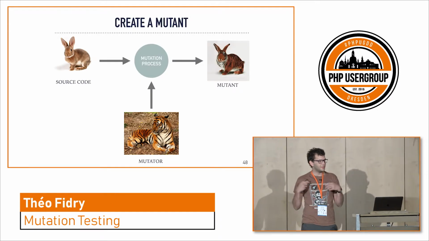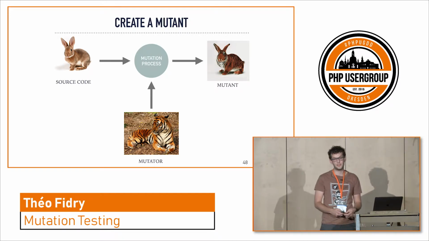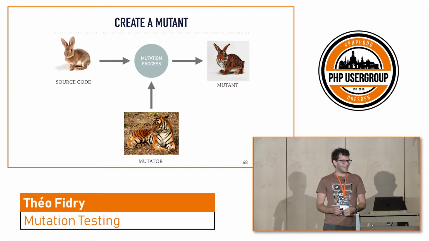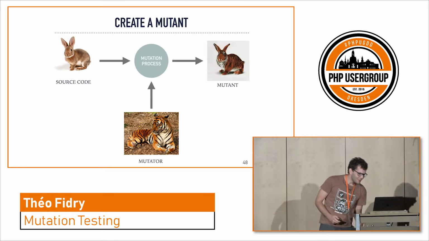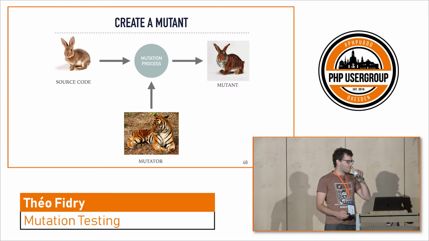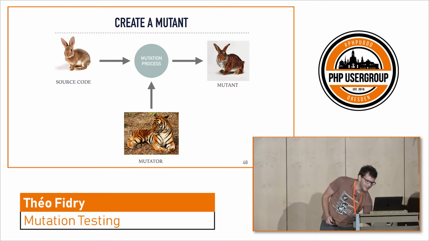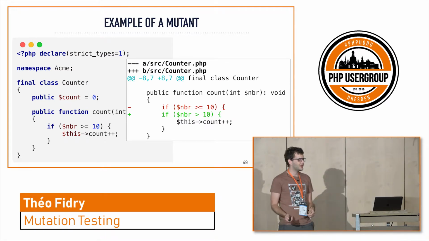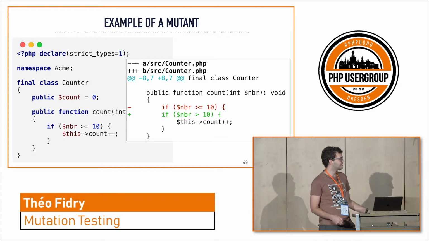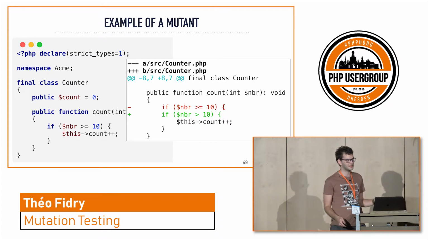So the idea of mutation testing is you have your source code. That's a cute rabbit, because your code is beautiful and cute. You have a mutator, which goes through a mutation process, and then you get your mutant. If we take the previous example, an example of a mutant is changing that superior or equal to superior.